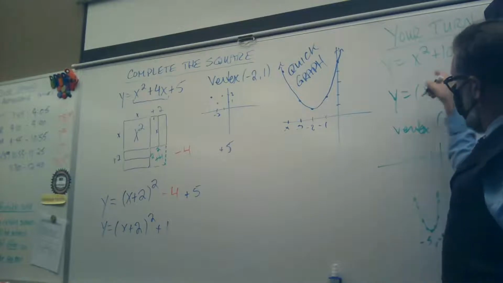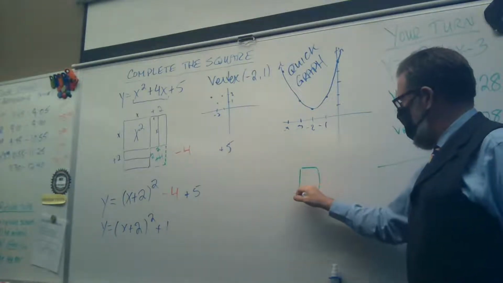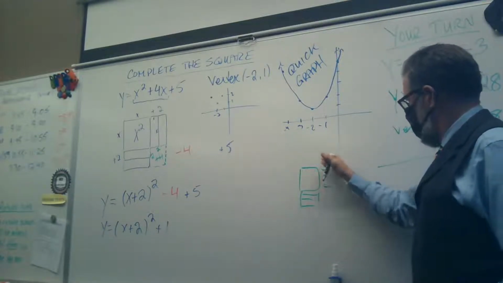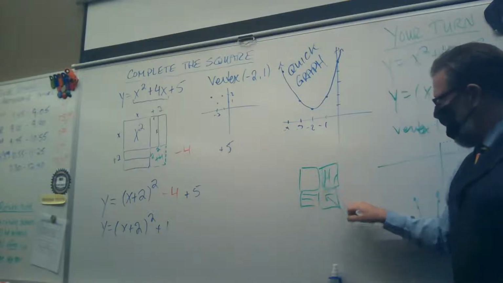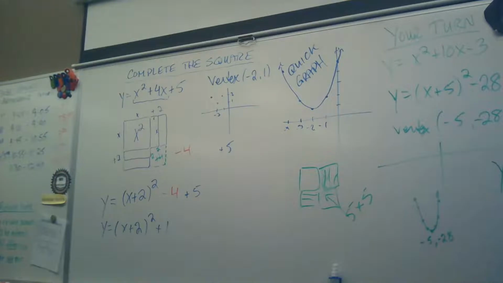So when I built the square, I had 5 by 5. So that's minus 25 that I have to compensate. And then I had a minus 3 in the equation, and so that gives me negative 28.